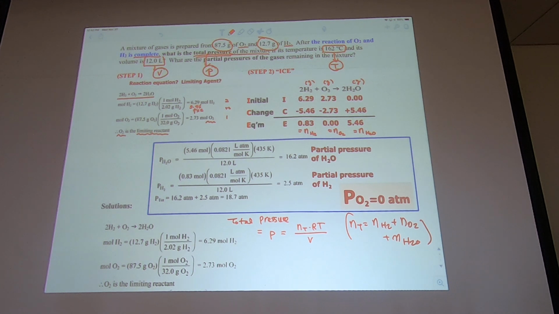And you put in those numbers, and the value of R, 0.08206, and then the temperature. So you put all these numbers in, and you can get this total pressure, and that number you can directly calculate as 18.718. So this is the total pressure.